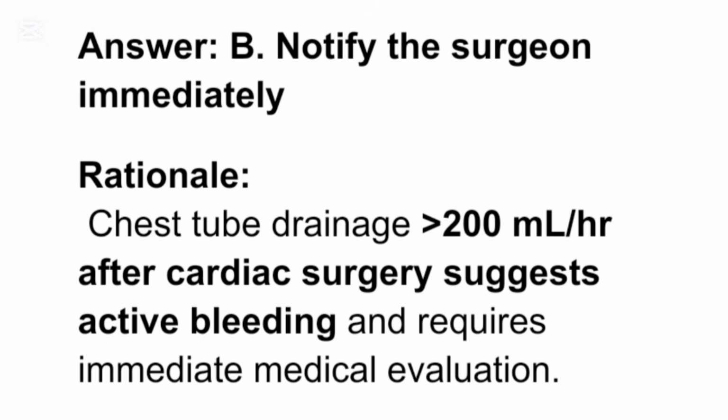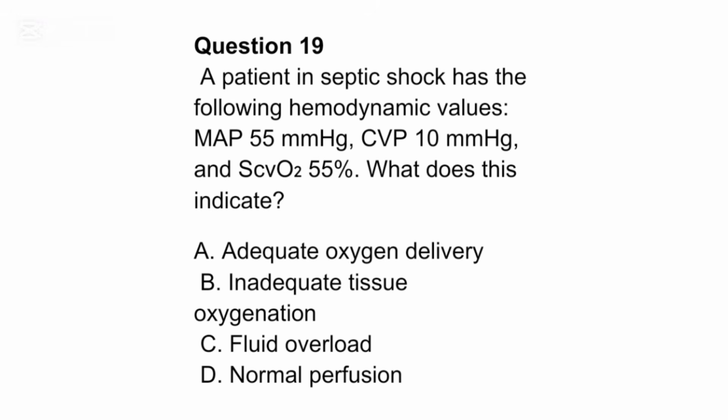evaluation. Question 19. A patient in septic shock has the following hemodynamic values: MAP 55 millimeters of mercury, CVP 10 millimeters of mercury, and ScvO2 55%. What does this indicate? A. Adequate oxygen delivery. B. Inadequate tissue oxygenation.